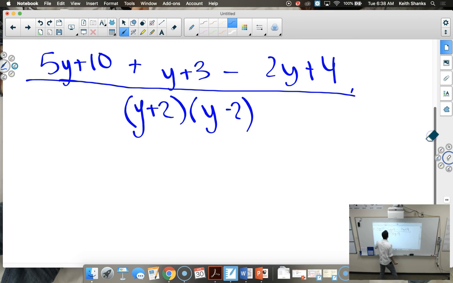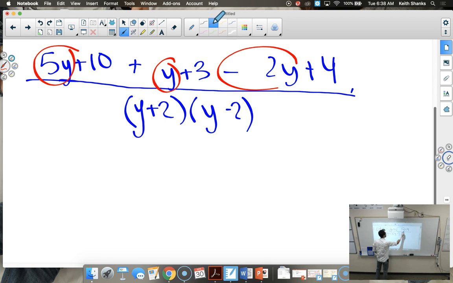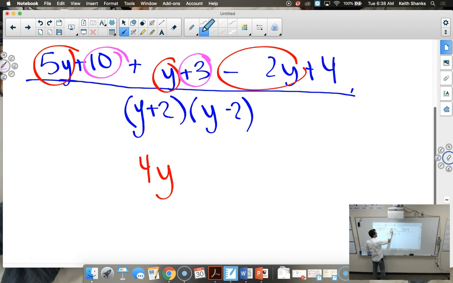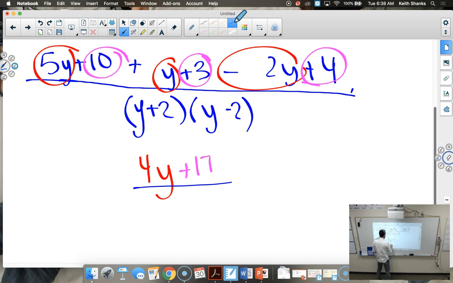Is I'm just simplifying or combining my like terms in the numerator. Okay, so in the numerator you've got your y's. 5, 6, 6 minus 2 is 4y. 10 plus 3 is 13, plus 4 is 17, over y plus 2 times y minus 2.